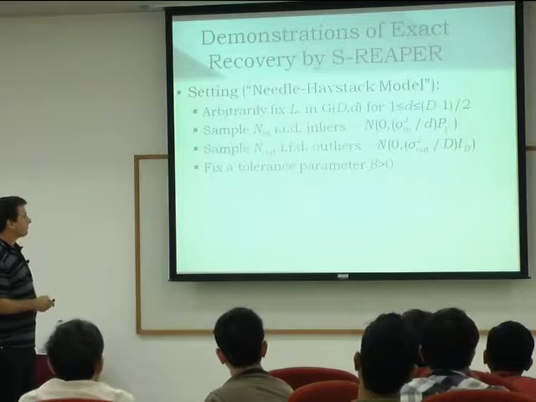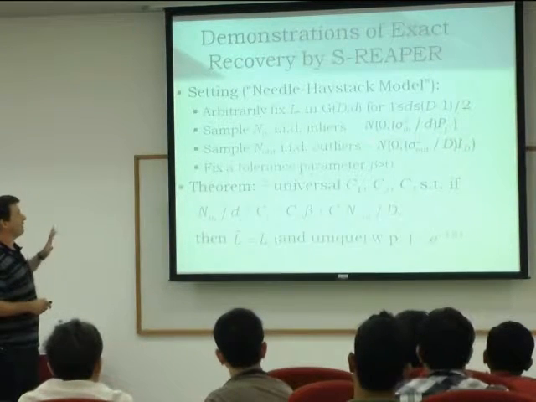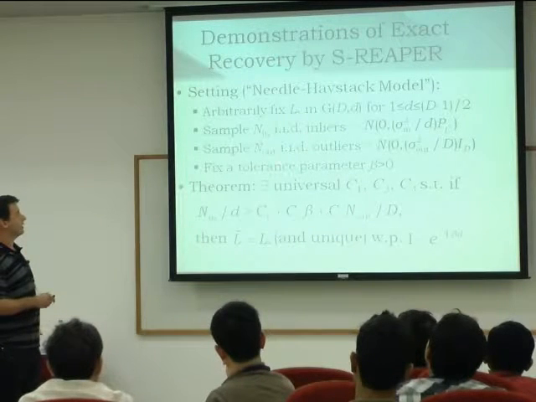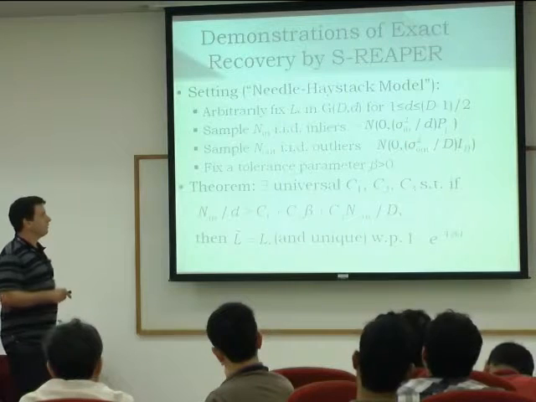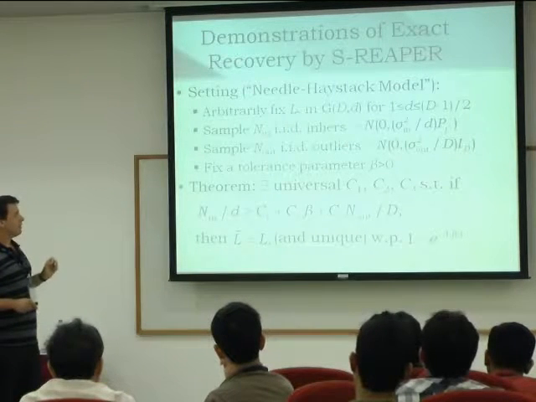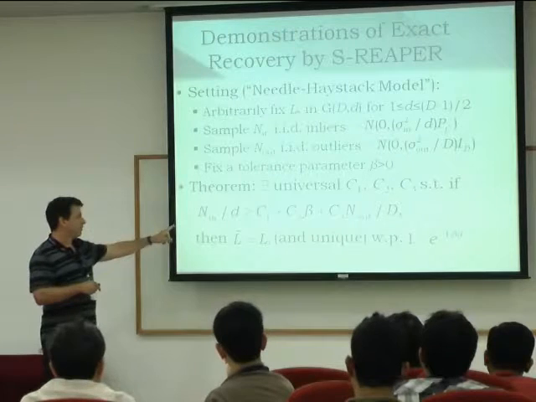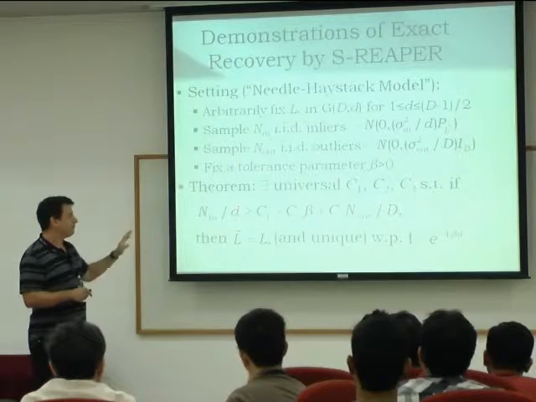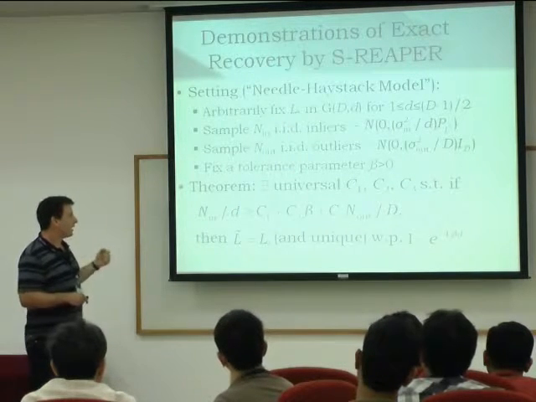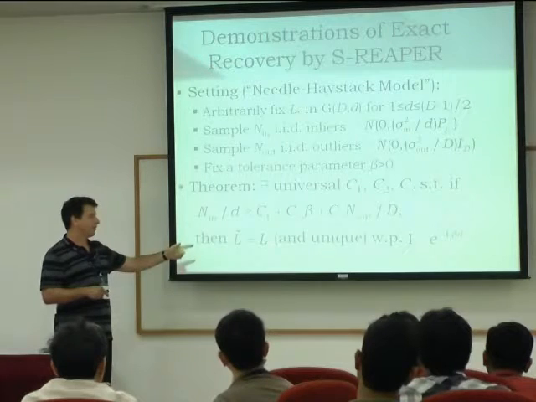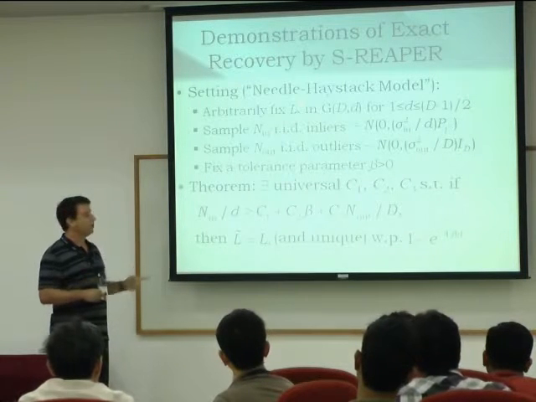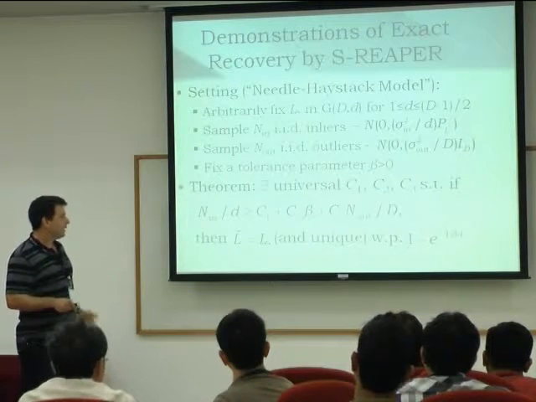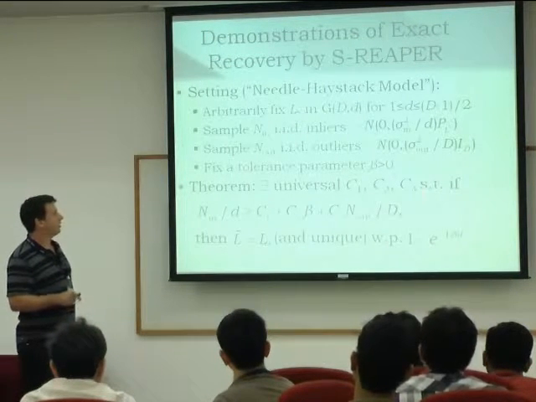And the theory will tell us that if we have data sampled from this distribution, so n inliers IID from this Gaussian and outliers from this, then you can recover. If the number of inliers is bigger than a linear function of the number of outliers, with all these parameters, then you can exactly recover the underlying subspace by the S-Reaper algorithm with very high probability, and you have very nice expressions here because you're dealing with Gaussians.